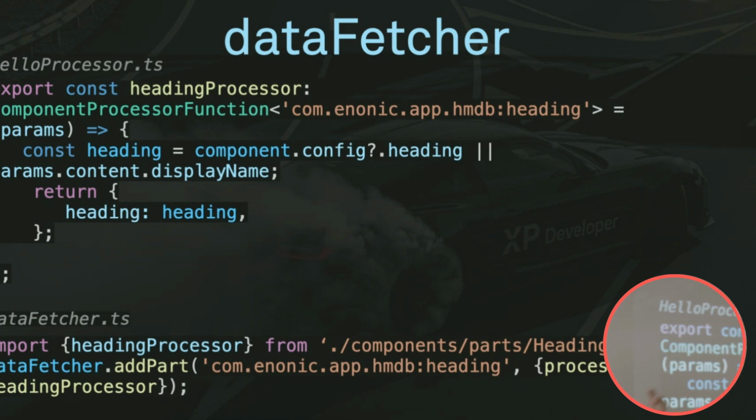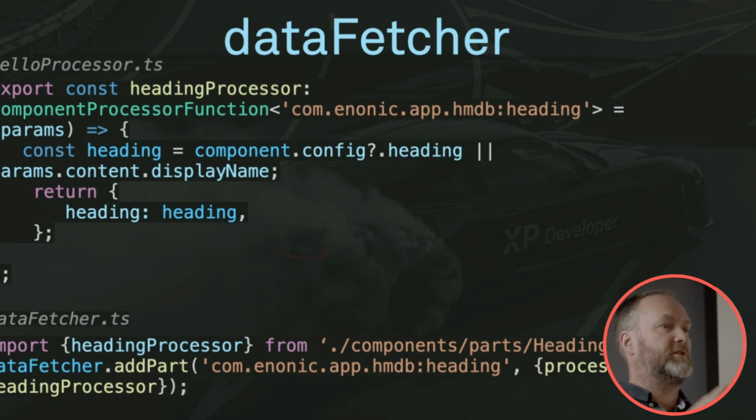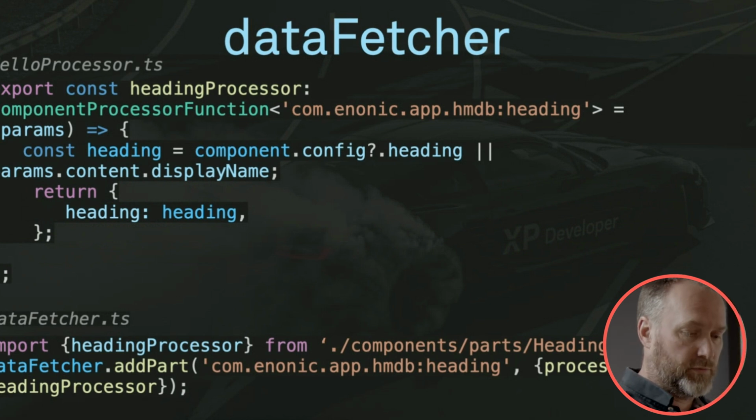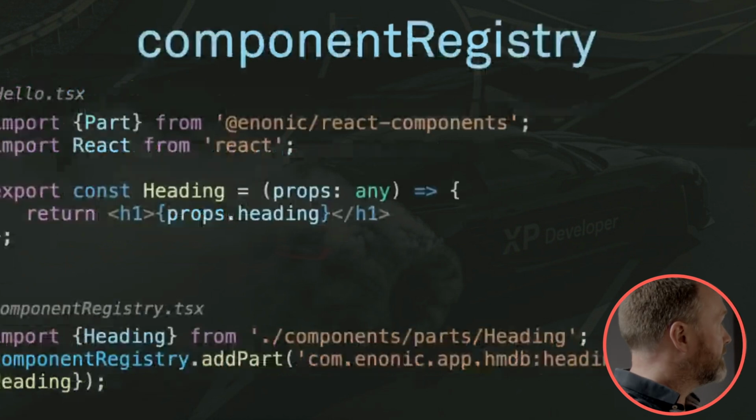So here's where the match occurs. We basically say if there's a heading on this page, get the data for it. And this will be used later when we come to the component part. And we get there very quickly.